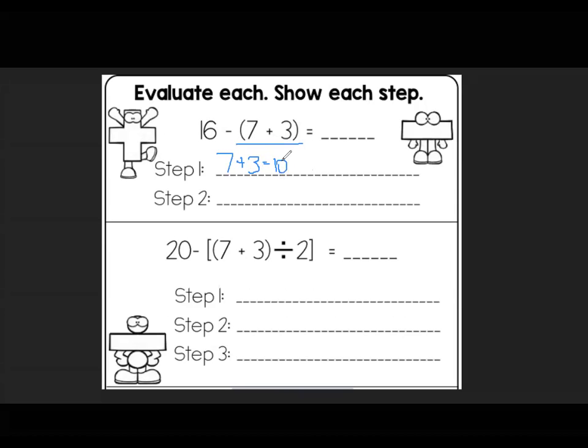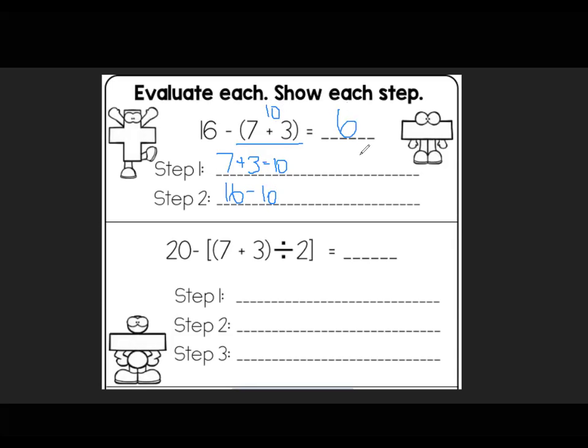So once we have figured out what's in the parentheses, we can move on to step 2. For step 2, we're going to take 16 and we're going to subtract 10. So 16 minus 10 would equal 6. So that would be the answer to our numerical expression.